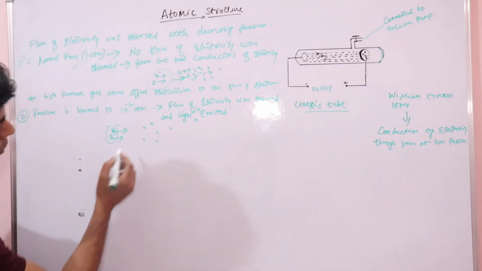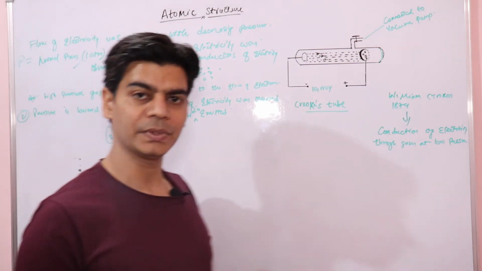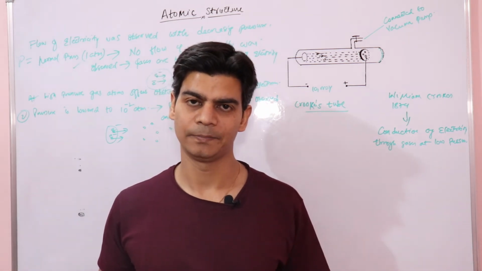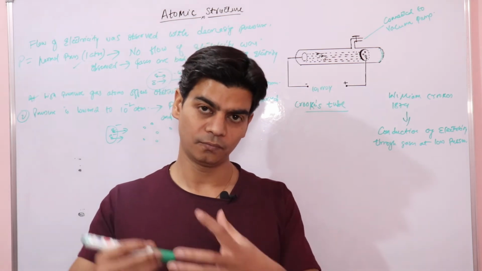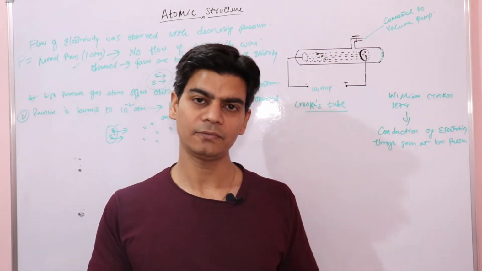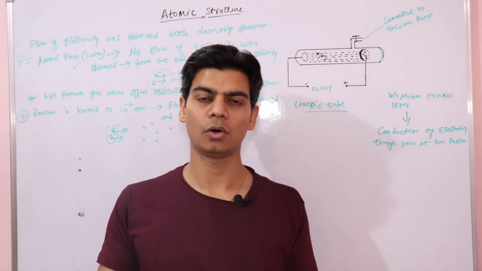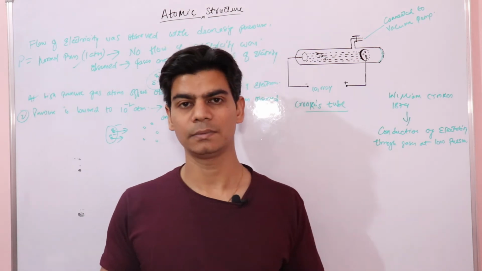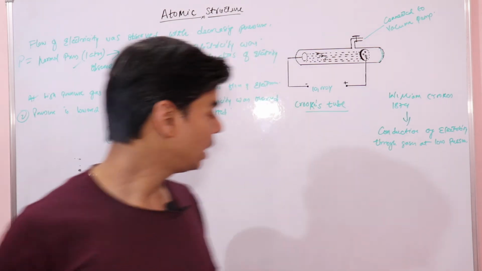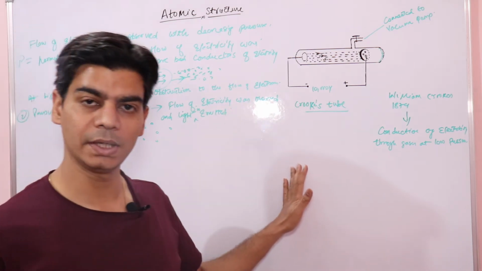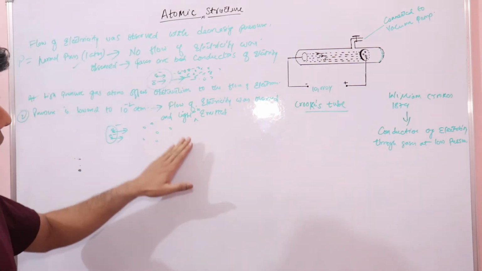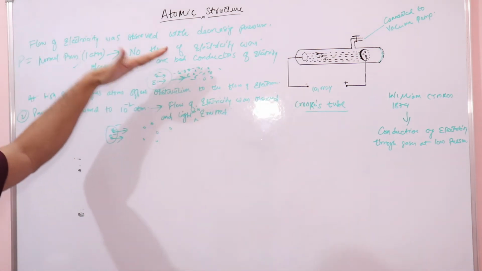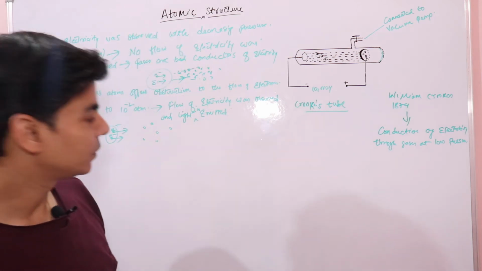So at low gaseous pressure, the obstruction offered to the flow of current is less. When the obstruction offered to the flow of electrons is less, we have a good amount of flow of electrons. Flow of electrons means electricity. That is why at reduced pressure we observe the flow of electricity, because the hindrance offered to the flow of electrons was less compared to the obstruction offered at high pressure.